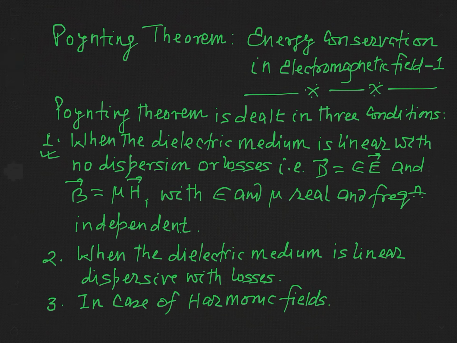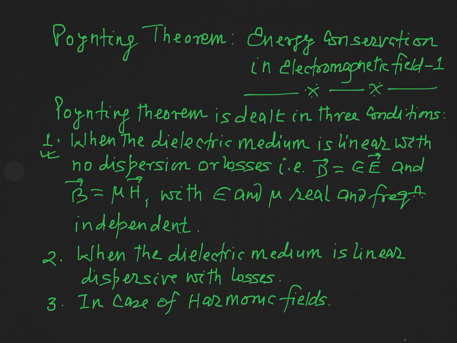I have just mentioned here all those three conditions under which this Poynting Theorem is dealt in. So the first condition is when the dielectric medium is linear with no dispersion or no losses. When you say that dielectric medium is linear, it means these electric equations are valid.